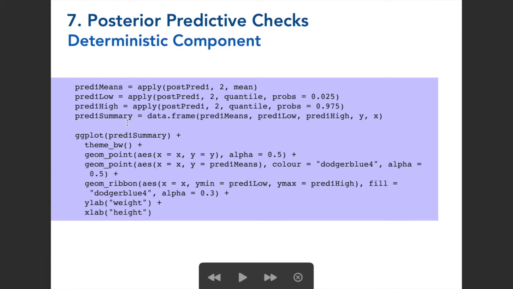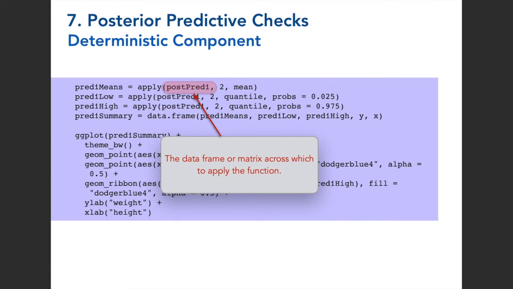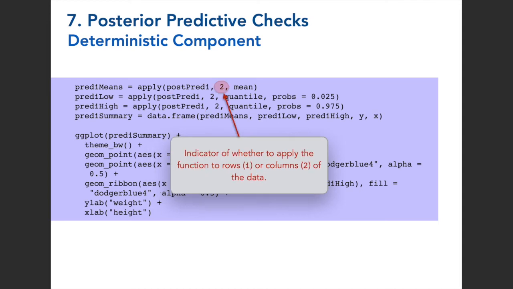So what we can do in R is there's this handy function called apply that allows you to apply a function across a data frame or a matrix, and you can do it by rows or columns. So this is how this works. We're going to use this apply function. The first argument in this function is the data frame or matrix across which you want to apply a function. Then the second argument is an indicator of whether to apply the function to rows or columns of the data. So we want to get the mean and the low and high of the highest density interval for each individual. And remember, the individuals are different columns.